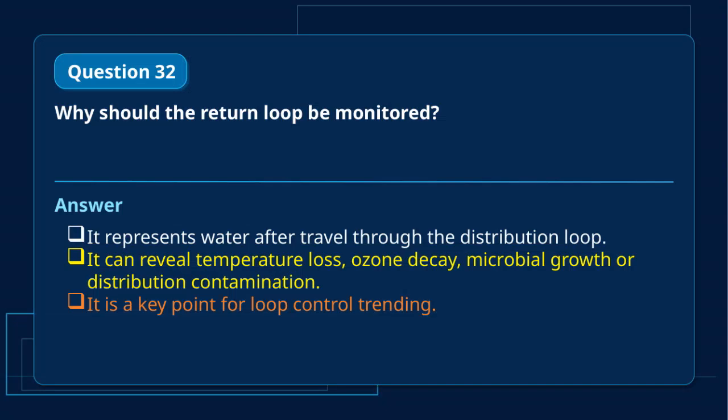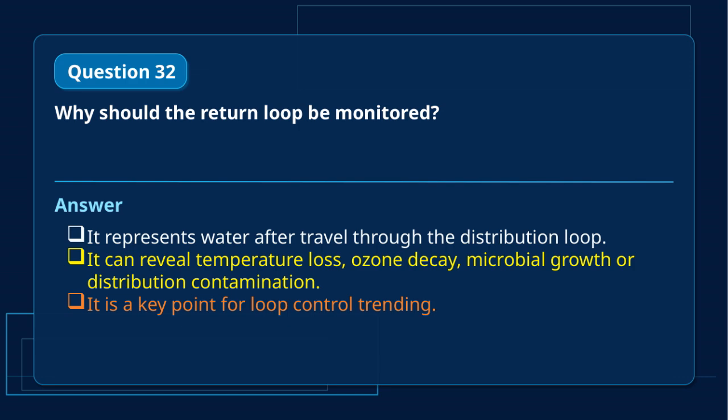Now, let's talk about why it's important to monitor the return loop. The return loop represents water that has already traveled through the distribution system. By keeping an eye on this water, we can detect several critical factors. For example, we can identify any temperature loss, which might affect water quality. We can also monitor ozone decay, which is essential because ozone is often used for disinfection.